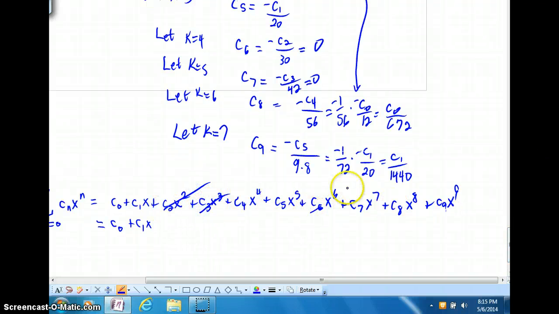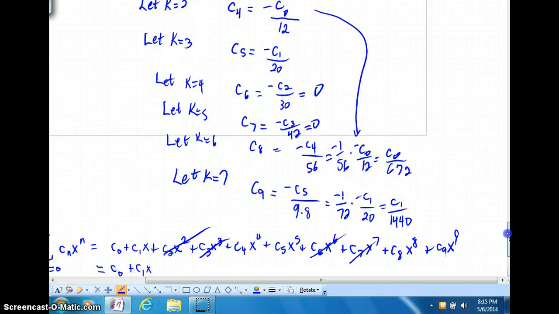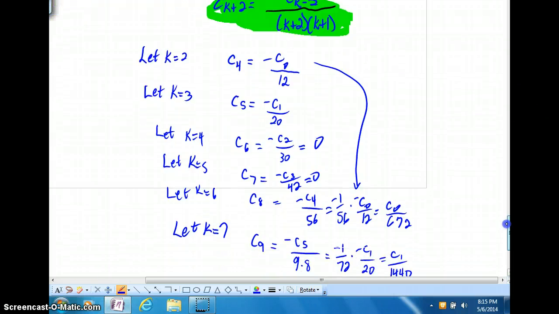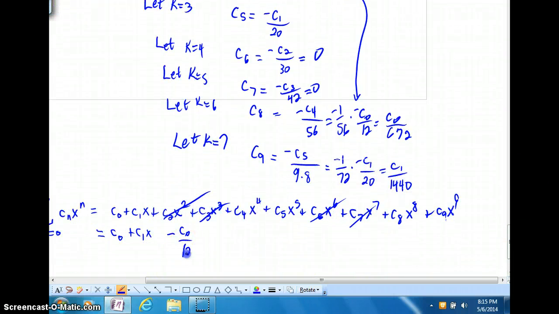Actually, so is c sub 6, and so is c sub 7. But as we're continuing to work this out, c sub 4 was negative c sub 0 all over 12. And that's what we have in front of x to the 4th. For c sub 5, we had negative c1 all over 20. That's x to the 5th.